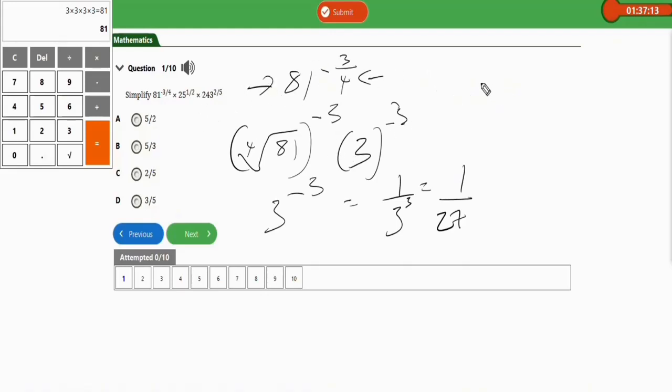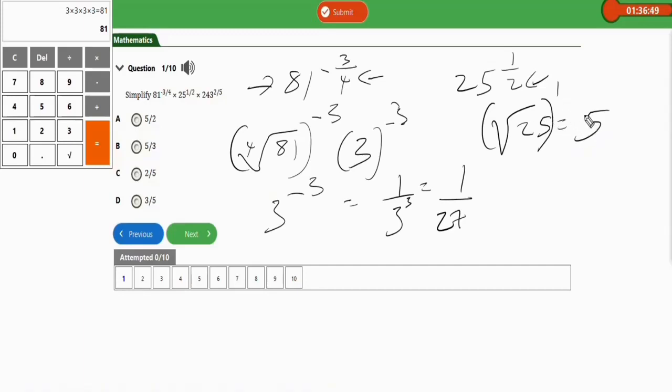25 to the power 1 over 2 is very, very simple. What I explained here, this is roots. So this will give us the square root of 25, which gives us 5. Remember, the numerator is the power. This is 1. To show complete work, it is to the power 1.